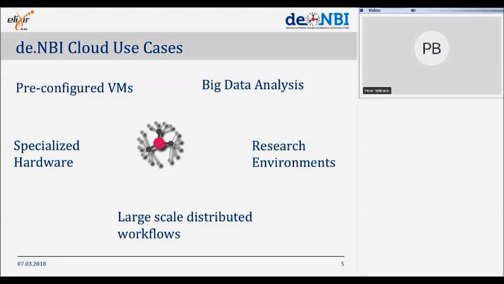We also offer specialized hardware like GPU nodes, which is especially used for machine learning. And furthermore, we offer an easy setup for large distributed workflows and research environments like Galaxy and Jupyter notebooks.